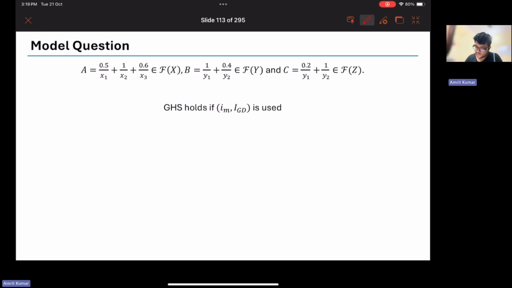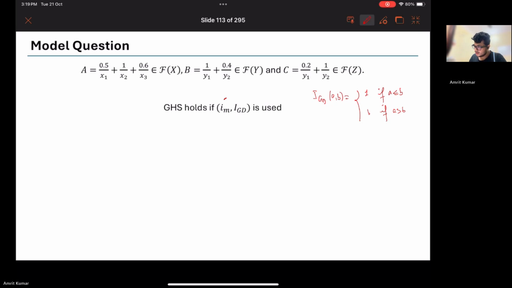I'll quickly recall the definition of Gödel implication in case you forgot. And I hope that I don't need to recall the definition of minimum T-norm. It's essentially the minimum of a comma b.